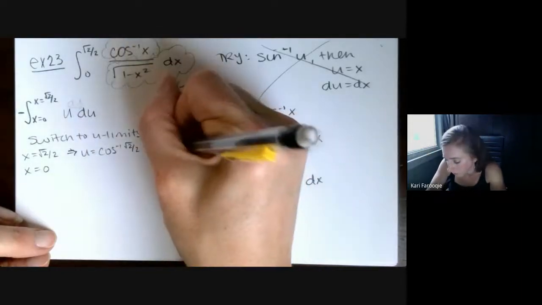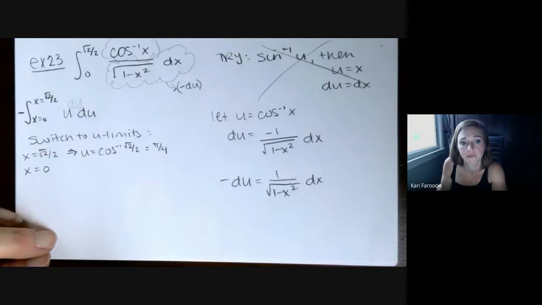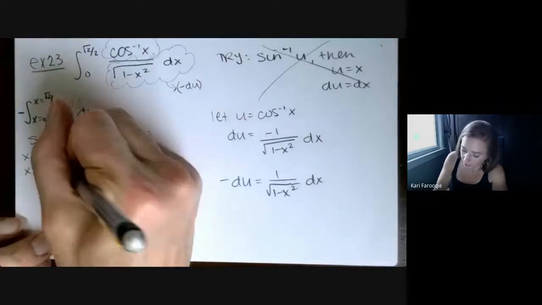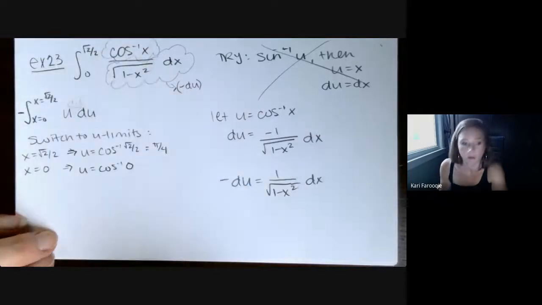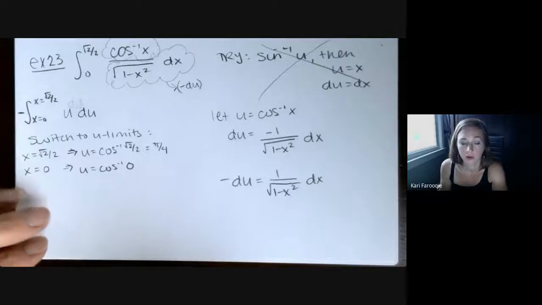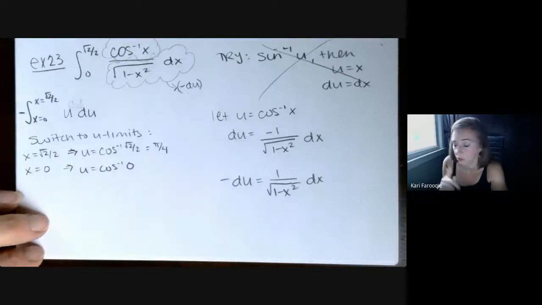Cosine and sine have the same value there. And then we're asking ourselves which angle has a cosine value of 0. Don't say 0, because the cosine of 0 is 1. The cosine of pi over 2 is 0.